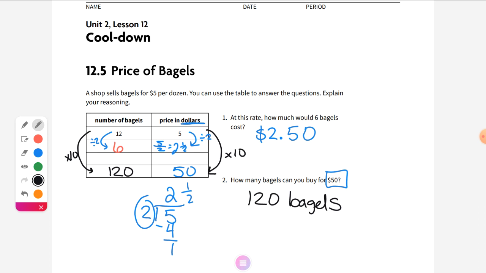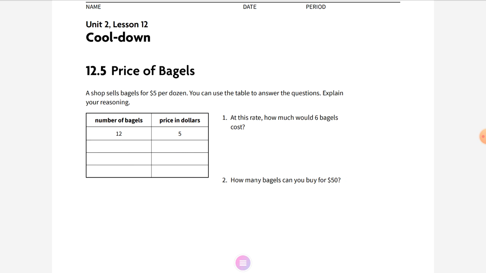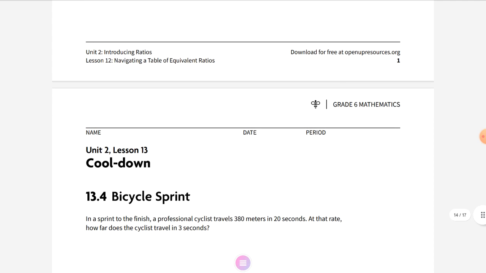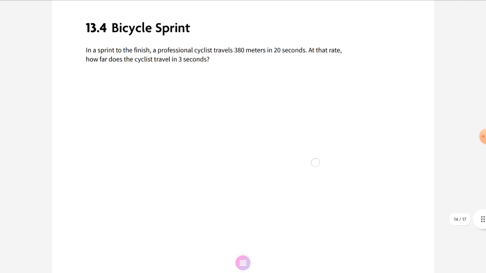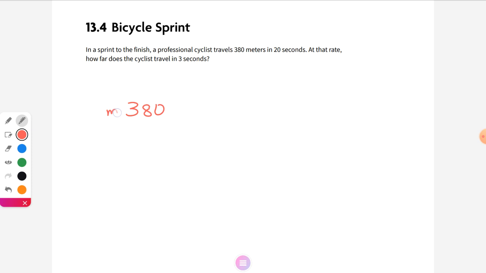If they don't give us a table, what could we use? Kendall? We could use a double number line. We could use equivalent ratios. We could create a table. On the next one, a lot of you guys were on the right track. You just didn't finish. This one told us the bicyclist goes 380 meters in 20 seconds.